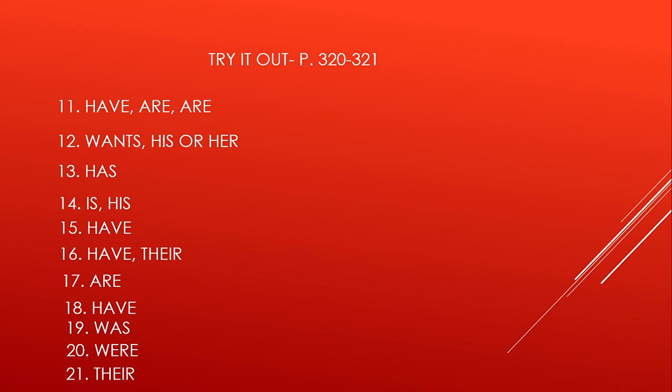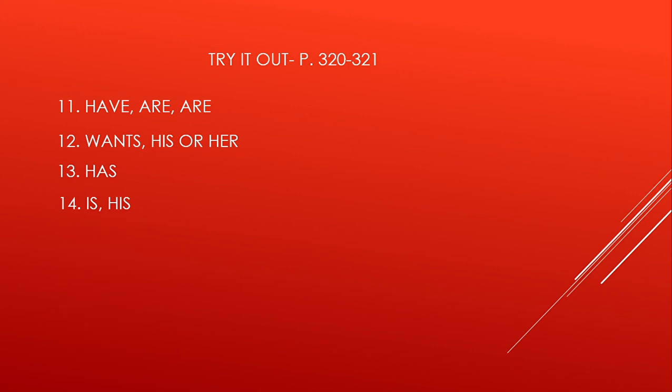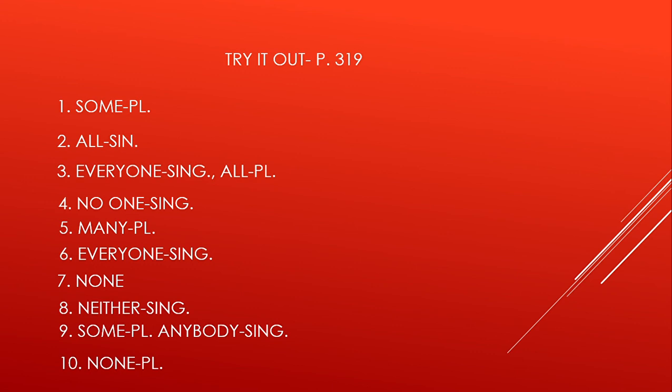All right, so for those of you who are watching this video, what I would suggest is you can write it like this. Okay? You don't have to write out the sentence. You can choose to do it like this, where you basically just identify it and then write down whether it's singular or plural.